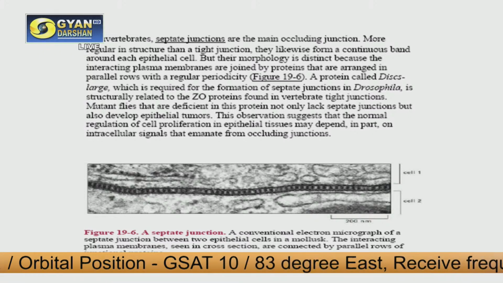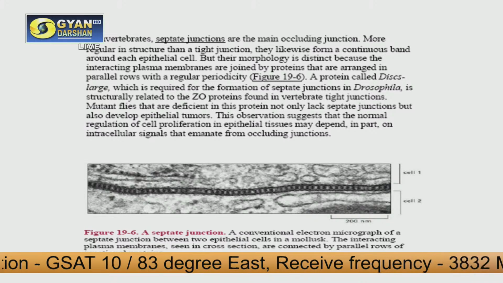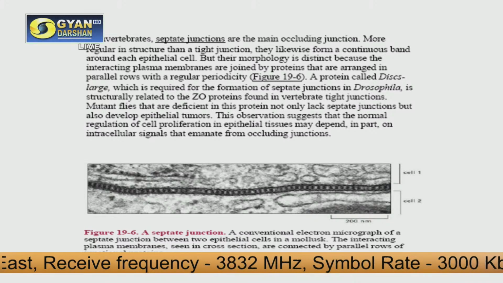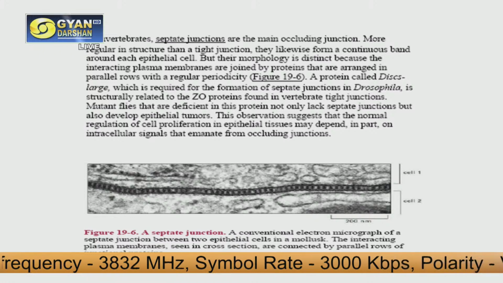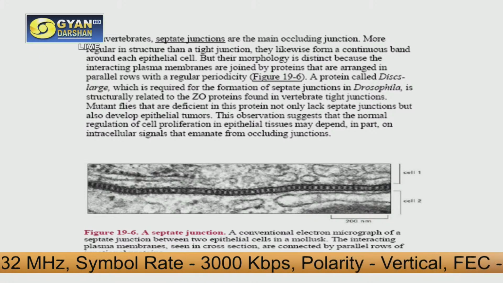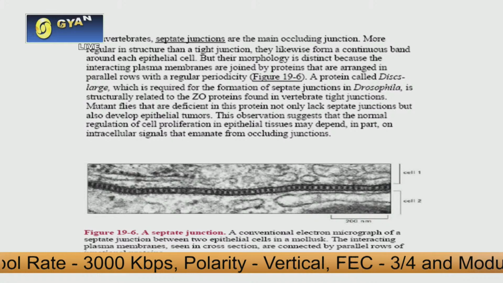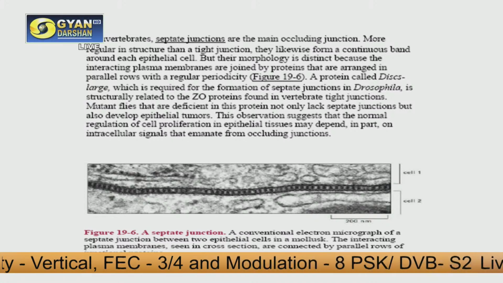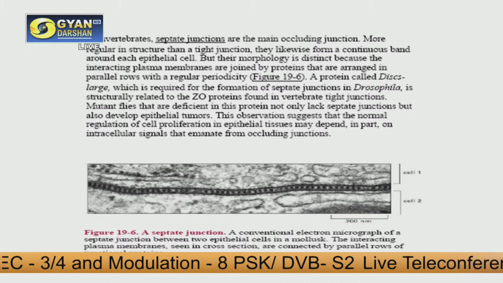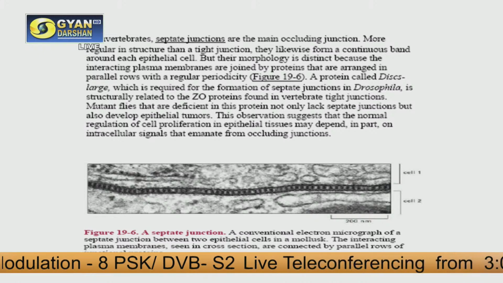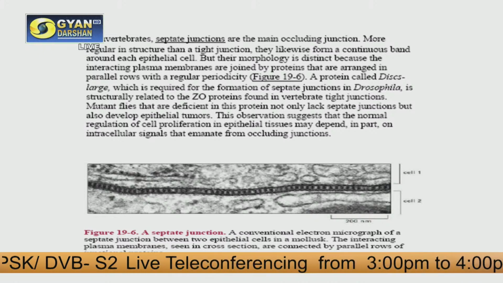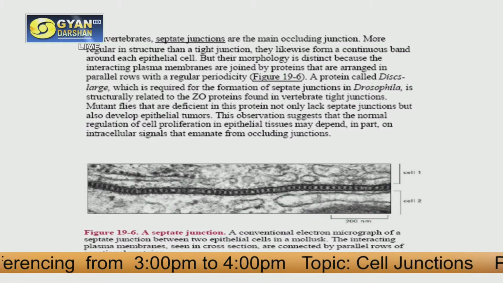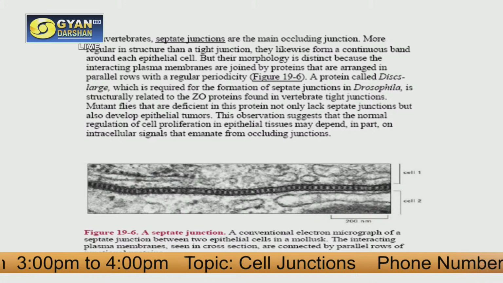In Drosophila, what are the proteins that make up these septate junctions? There is one protein called discs large. Just as you have studied claudin, occludin and ZO protein, here the protein present is the discs large protein, and it forms the septate junctions in Drosophila. This protein is structurally related to the ZO proteins.